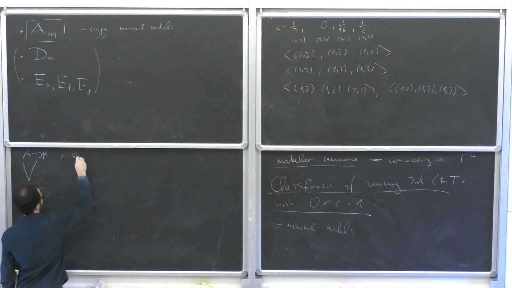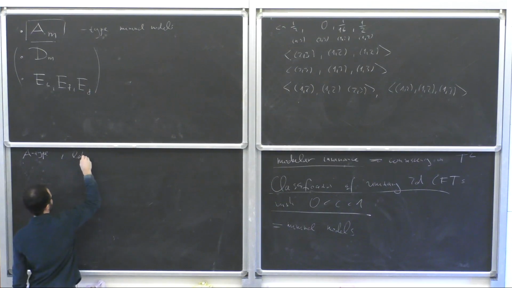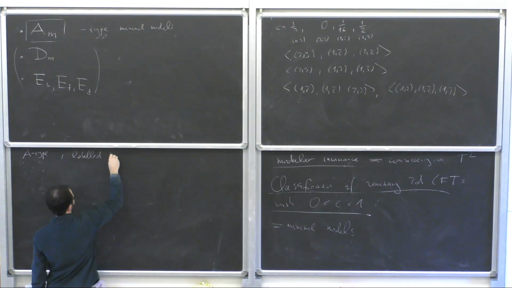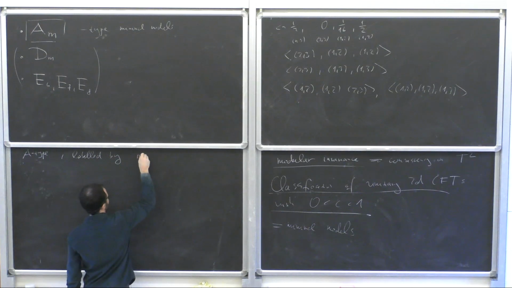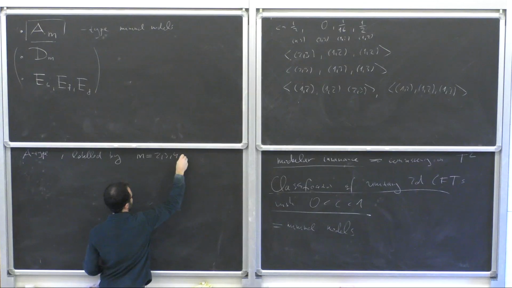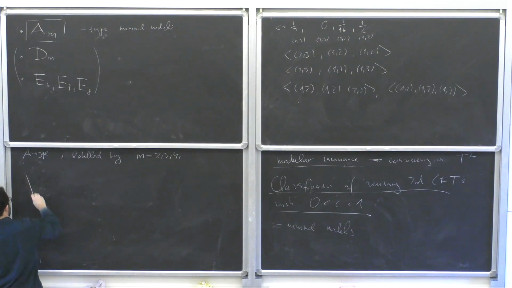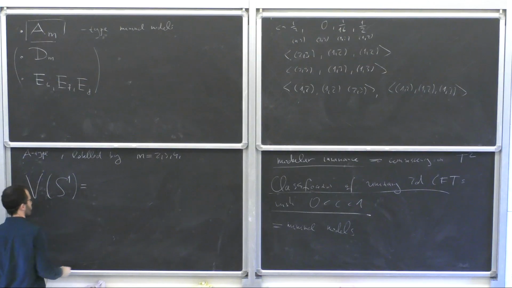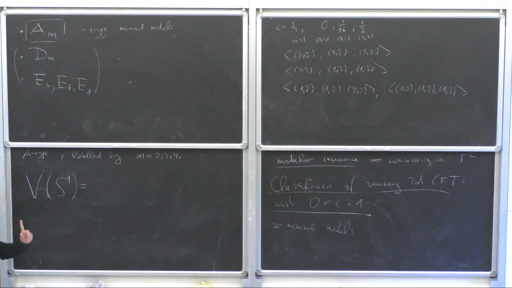It's labeled by the same M as before, which can be 2, 3, 4, and so on, where the Hilbert space on S1 contains precisely one of each of the diagonal allowed combinations of R and S.